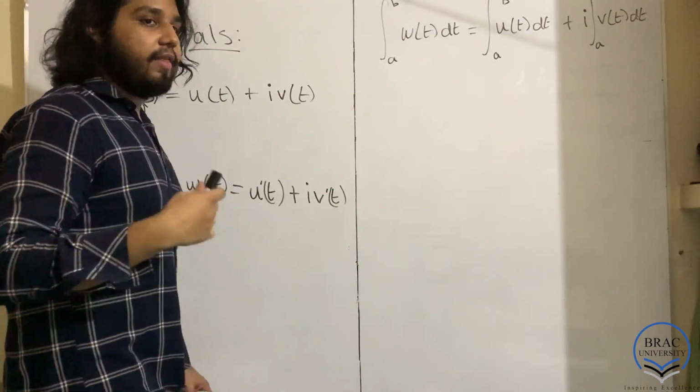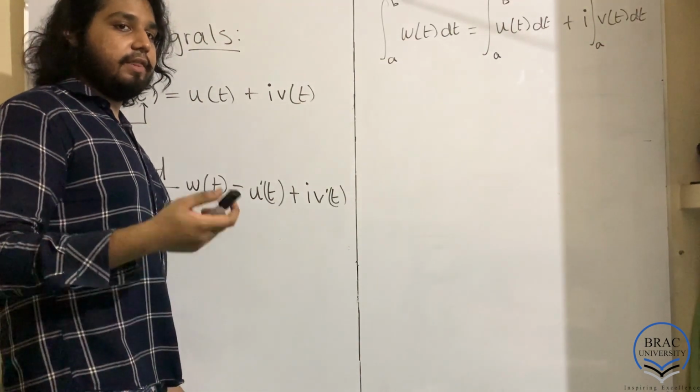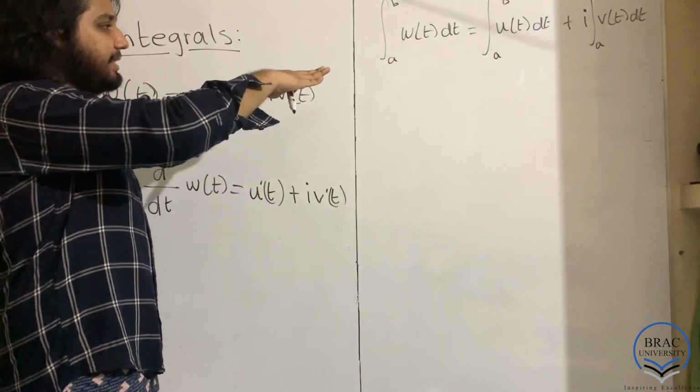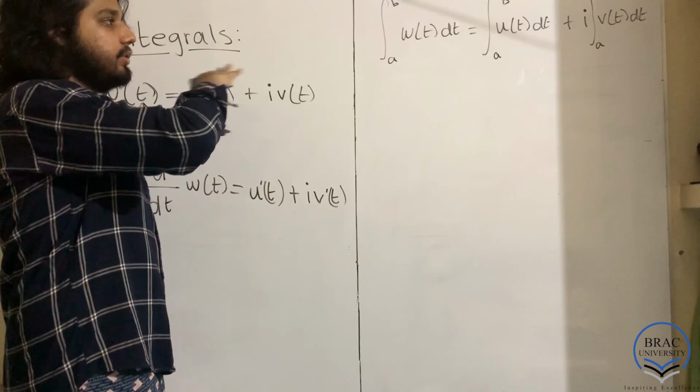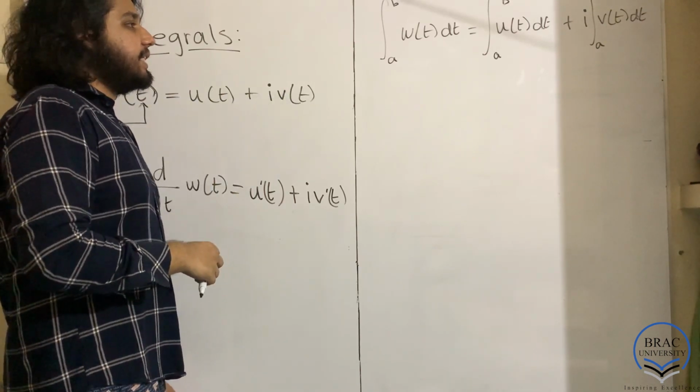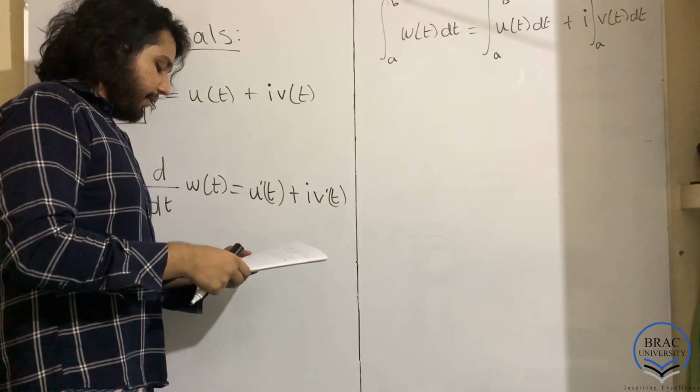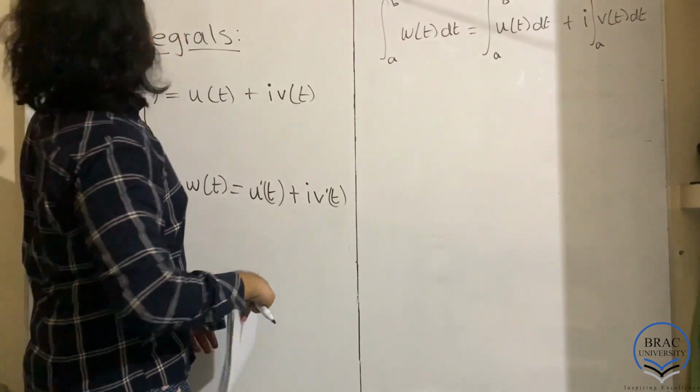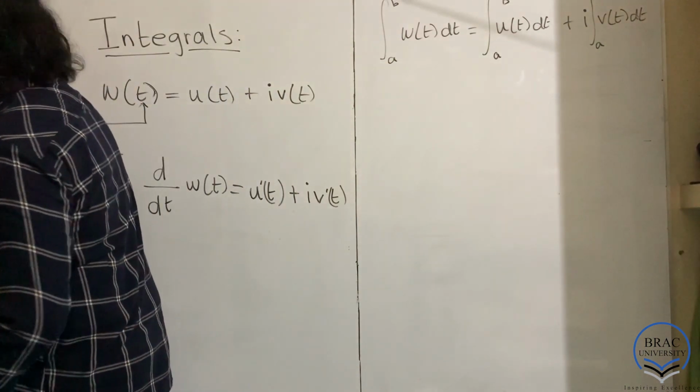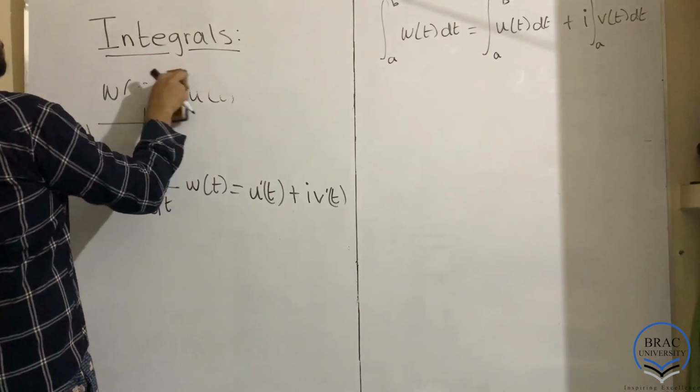This is a very simplistic look. You're going to see what actual contour integrals look like in the next videos. It's just a heuristic look into integrals regarding complex numbers. I'll give a simple example and end this video so that we can move on to the nitty-gritty stuff in the next video.